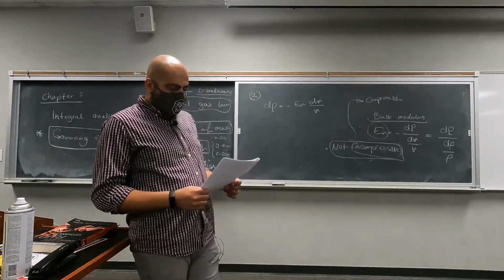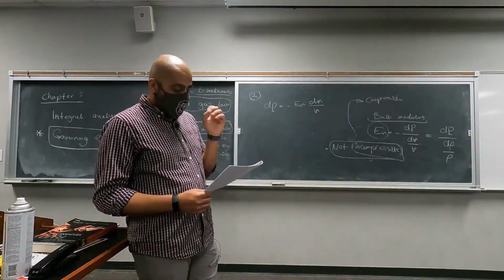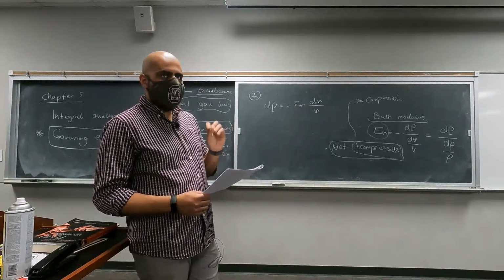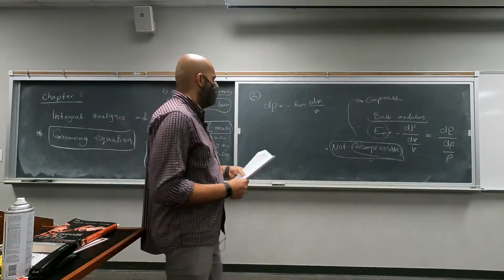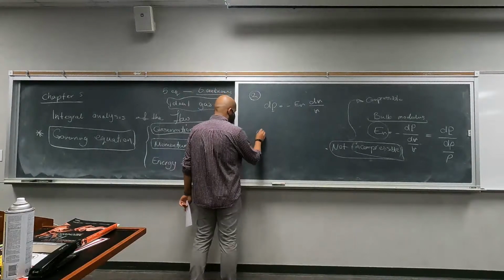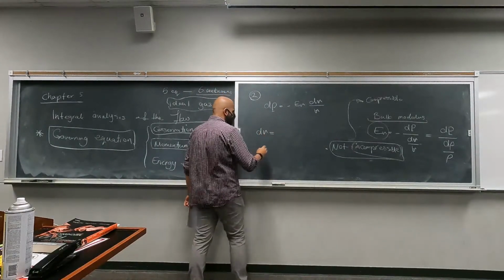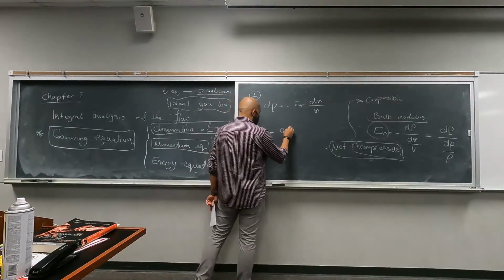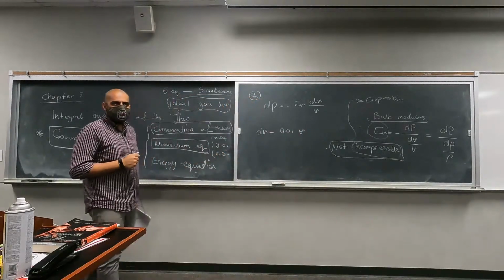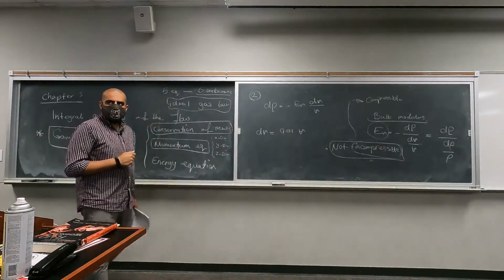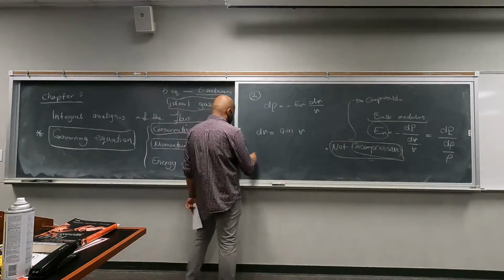But we are told that the volume is going to be reduced by 1%. So the change in volume is 1%, or 0.01, of your initial volume, right? That's information that is given to us.